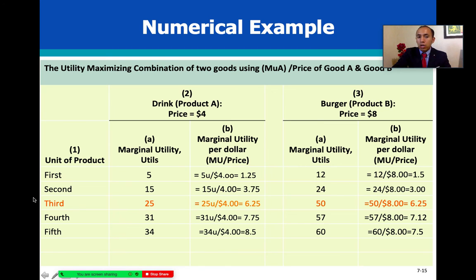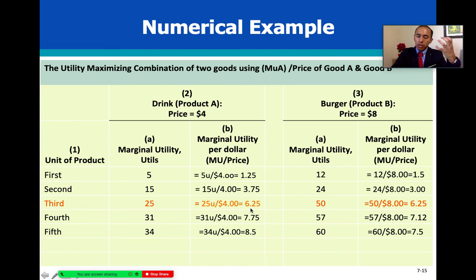Now the third drink gives you a marginal utility of 25, divided by $4, the price of the drink. That gives you 6.25 utils per dollar.